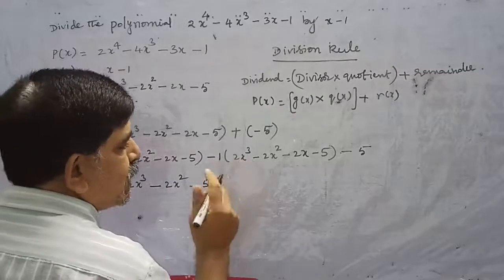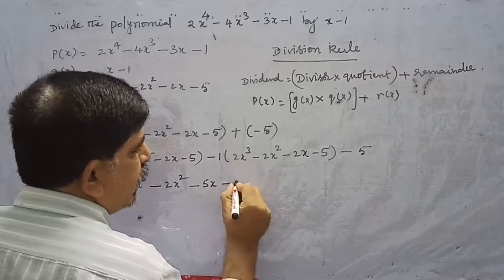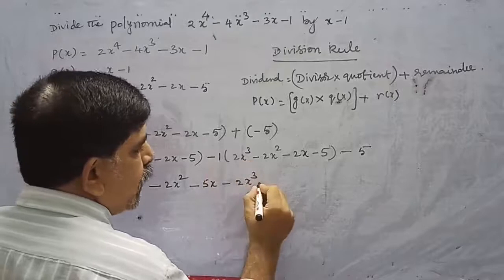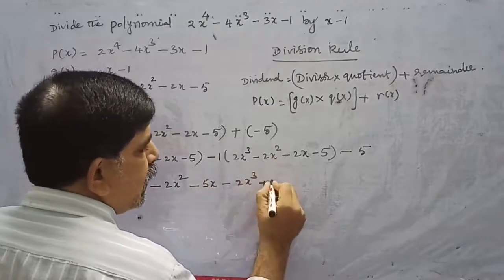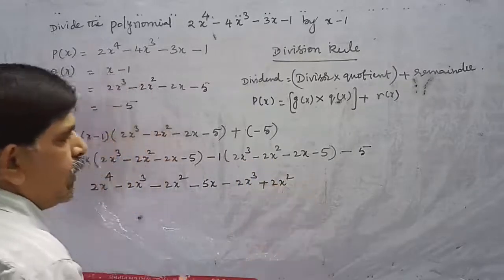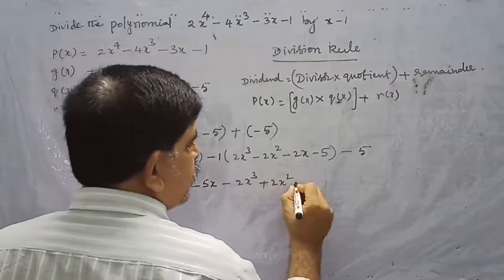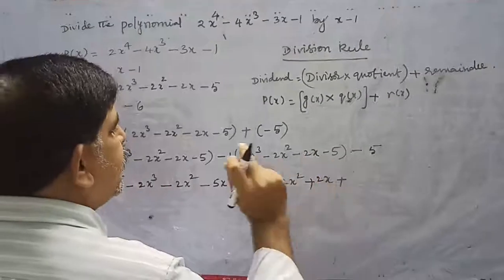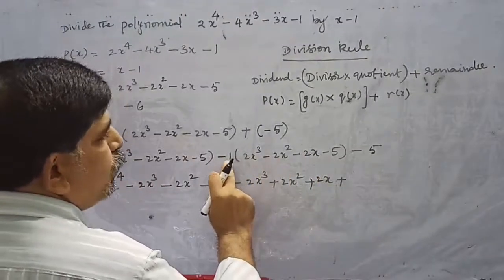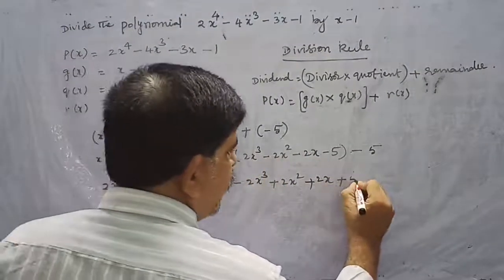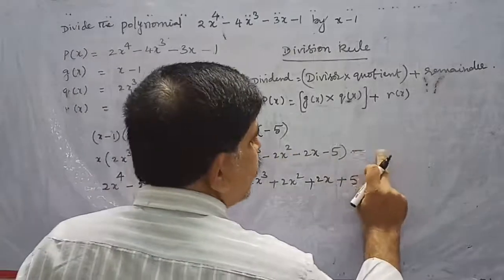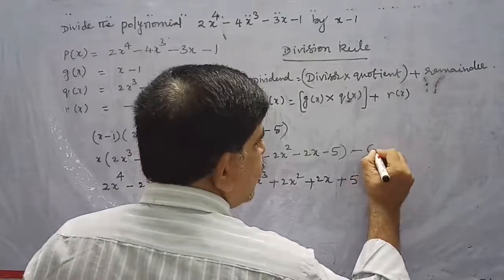Minus 1 into 2x cube, that is minus 2x cube. Minus into minus, plus 1 into 2x square, 2x square. Minus into minus, plus 1 into 2x, 2x. Okay children, here minus 1 into minus 5 is plus 5 and here the remainder is minus 6. I wrote here minus 5, sorry, this is minus 6.